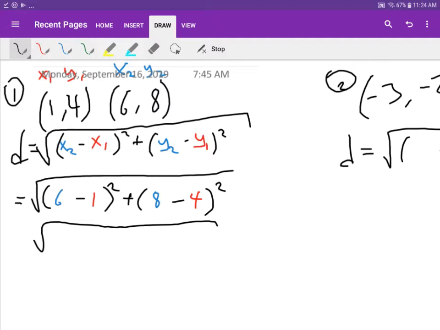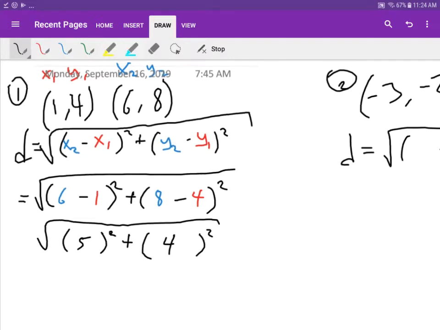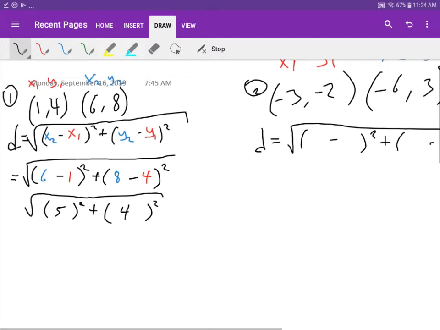Okay, so I'm still going to keep this here. 6 minus 1 is 5. 8 minus 4 is 4. 5 squared is 25. Actually don't need these parentheses anymore.